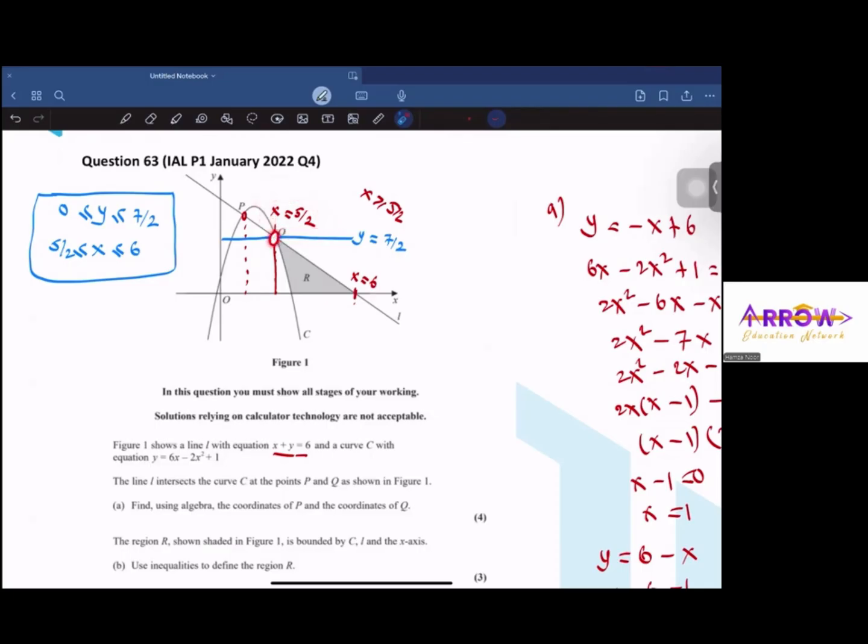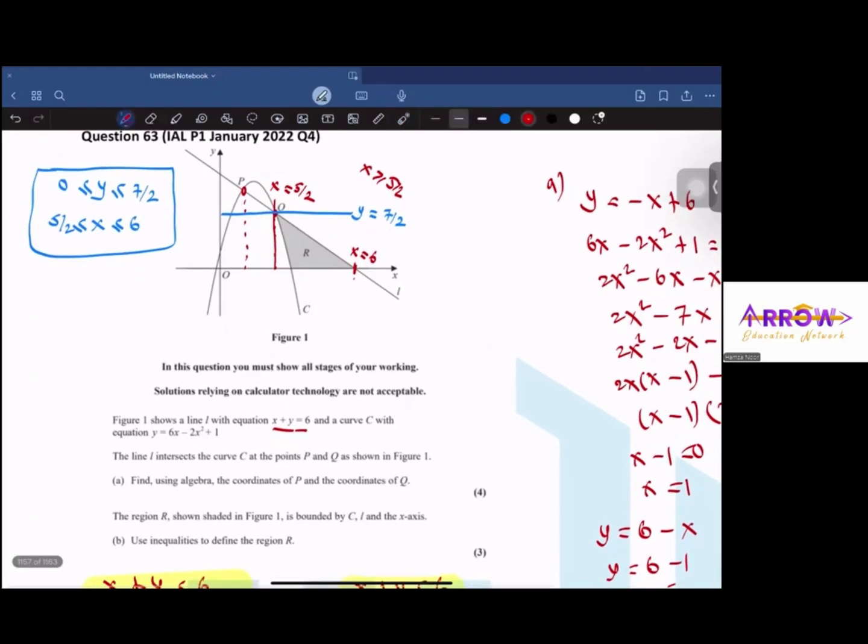So obviously the region R, which is shaded in the question, is already defined. Okay, so this is not compulsory to use over here. Obviously, when we are saying that x is more than or equal to 5 over 2, the restriction of point Q is obviously there. Okay, so these two are not compulsory to use.